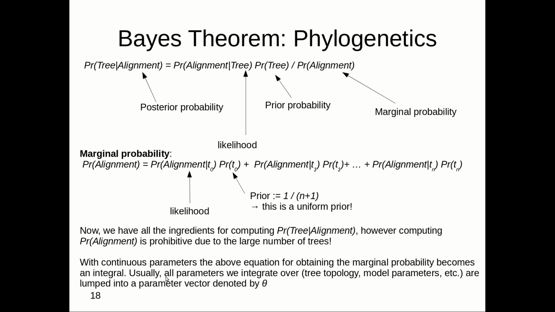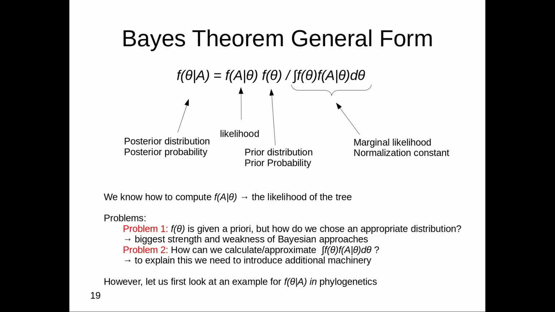Typically in terms of notation, if you read a paper, all parameters we integrate over, like the tree topology, the model parameters, etc., are lumped into a parameter vector that is denoted by the Greek letter theta. Okay, so here you can see the Bayes theorem in a more general form for this parameter vector theta, where we just put everything that we integrate over into.